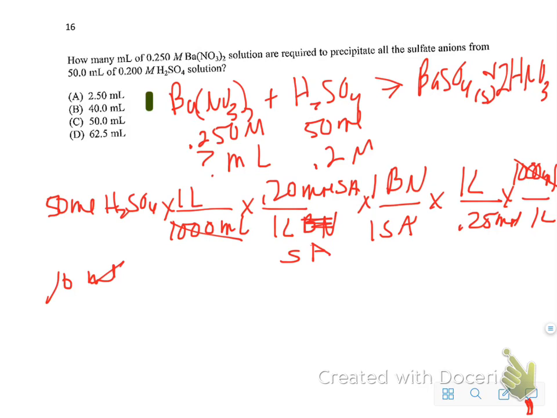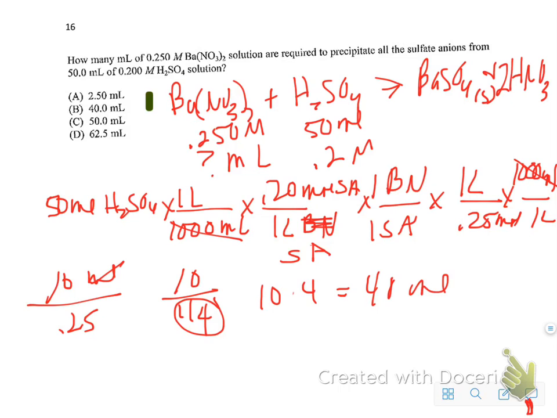And so I have 10 over 0.25. Okay? So, I like to think about this as 10 over a quarter. And if I'm dividing by a quarter, it's the same thing as multiplying times the inverse of this, which is 4. So my answer is 40 milliliters. And that's what I'm going to get.